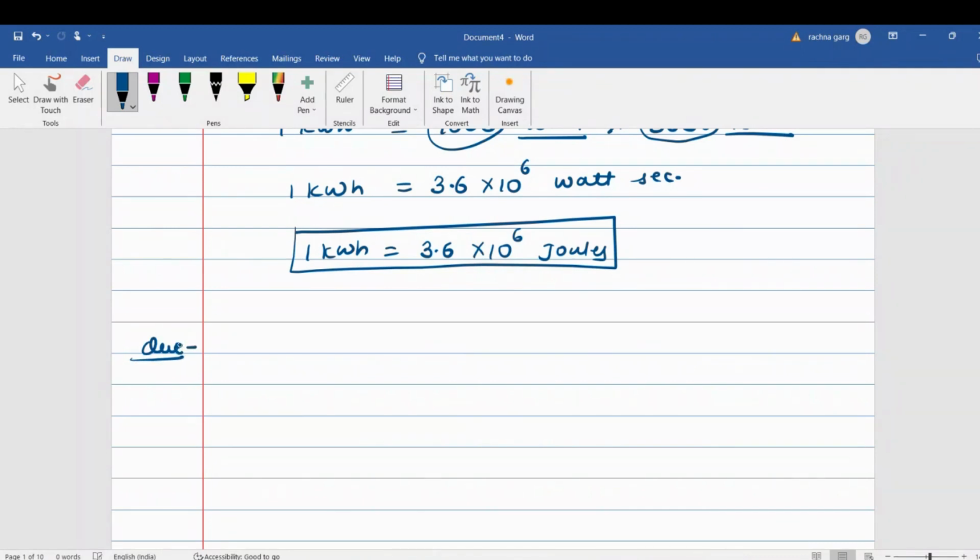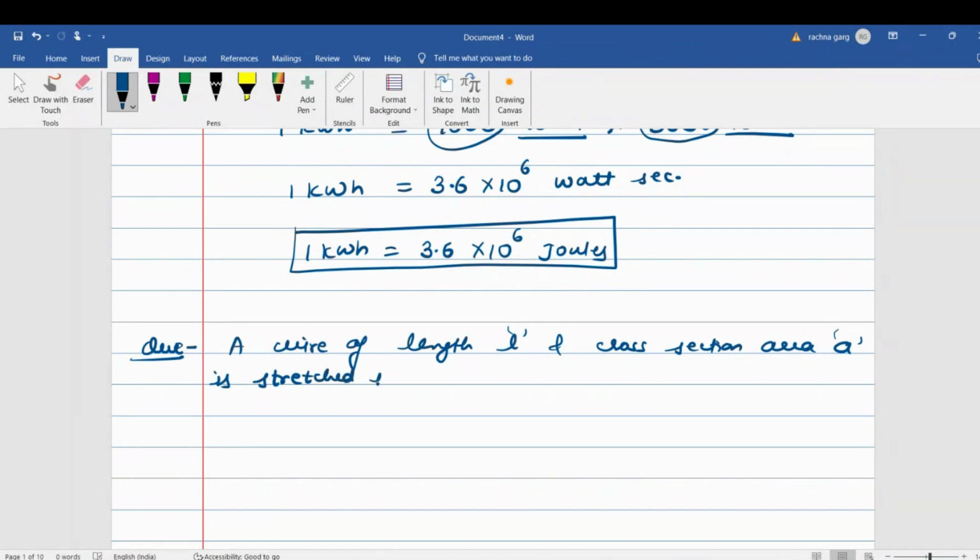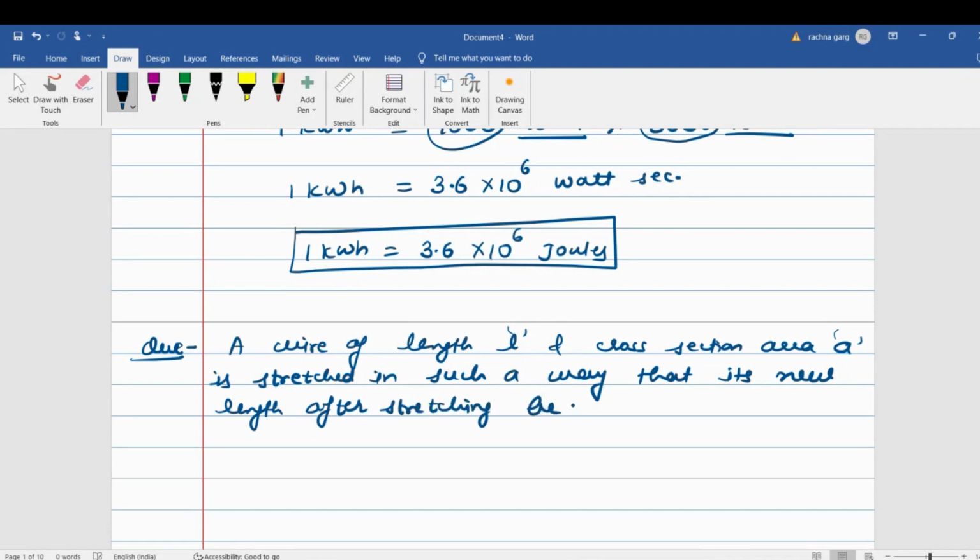First type of questions are like: a wire of length L and cross section area A is stretched in such a way that its new length after stretching becomes 3 times the original length.